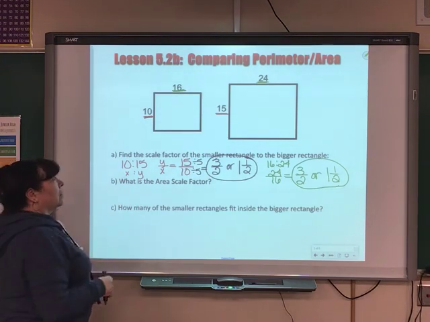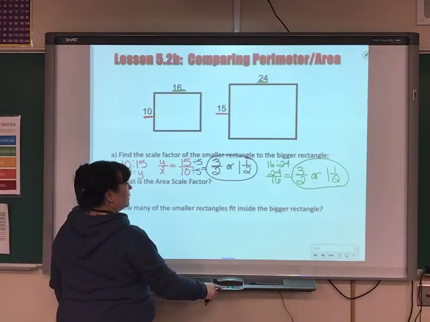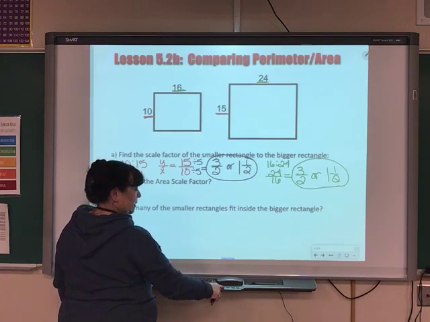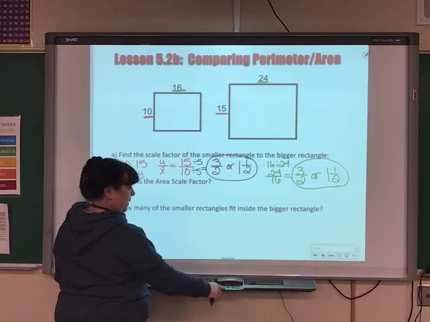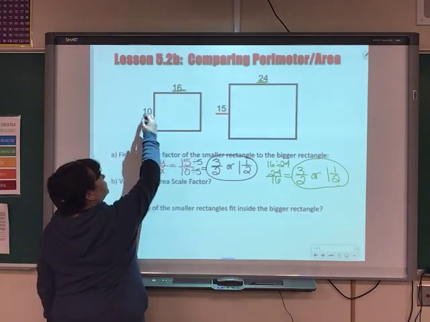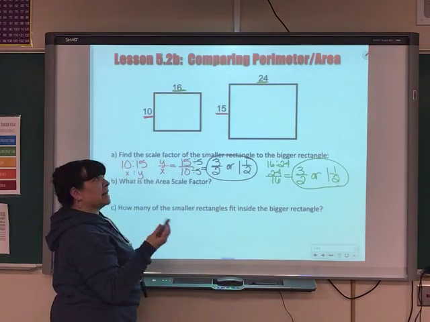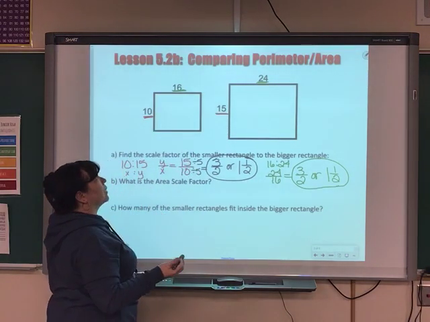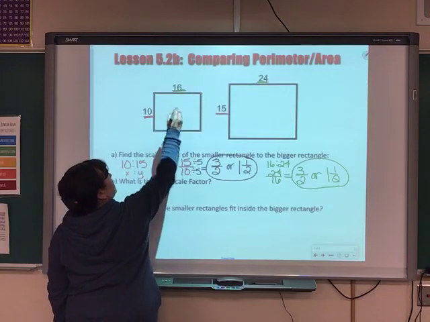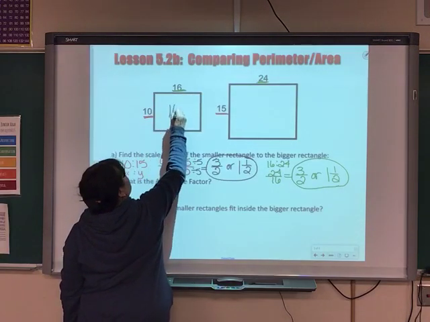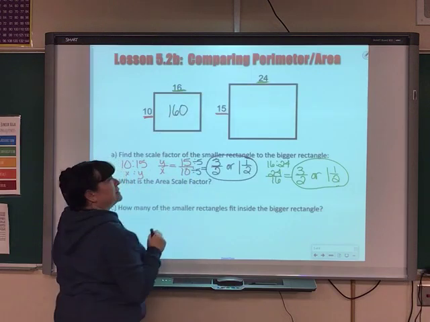Okay? If we're looking at area, remember, area is multiplying the side by the side. So on our original, this would be 10 times 16. That's easy. 10 by 16 is going to be 160.